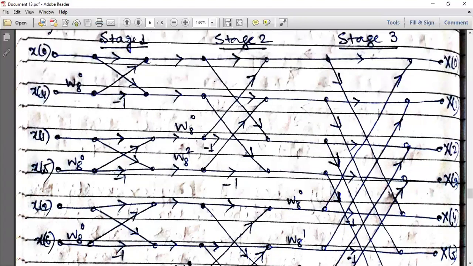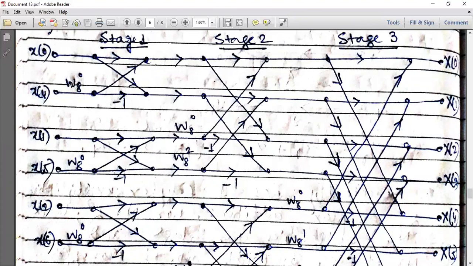In the second stage, for the first part, there won't be anything. Why for these two lines have I not written the twiddle factor? Because there are no backward paths, only forward paths. But for these two lines, there are backward paths. The twiddle factor is always written with the backward path.